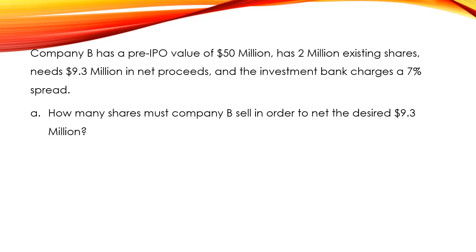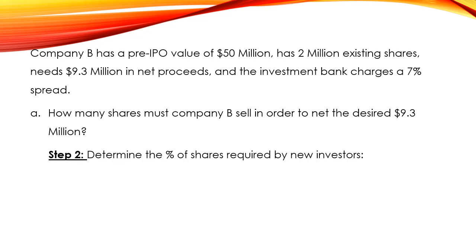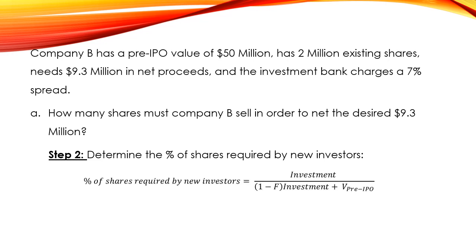After determining the gross proceeds, we now need to determine the percentage of shares required by the new investors. We know that the percentage of shares required by new investors is equal to the investment, or the gross proceeds, divided by 1 minus F, which is the 7% spread, times the investment, which was already calculated at 10 million, plus the value of the firm pre-IPO, which is the $50 million given in the exercise.